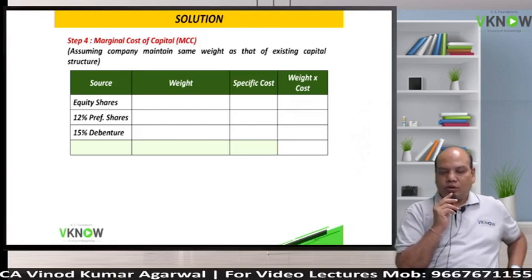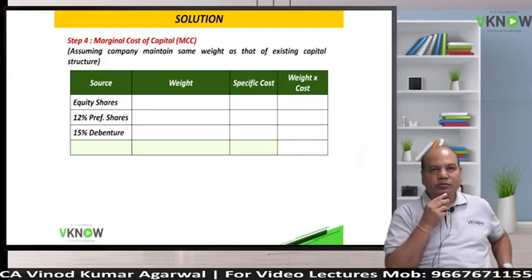So first you write down the columns: source, weight, specific cost, weight into cost. Source, write equity share, one line blank, 12% preference share, one line blank, 15% debenture.